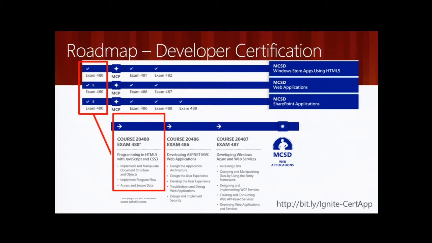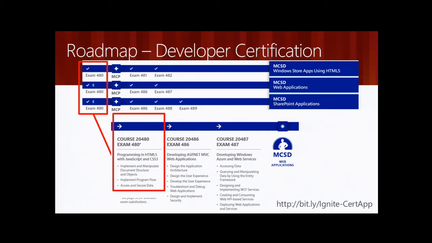All right, developer certification. Great thing about 7480 is that for many different developer certifications, it's the starting point. It wasn't always this way. It used to be you had to earn a 7483, programming C#, in order to get the SharePoint MCSD or the web apps MCSD. But we switched it up recently. So if you earn 480, you can use that in lieu of 483 for many different developer certifications.